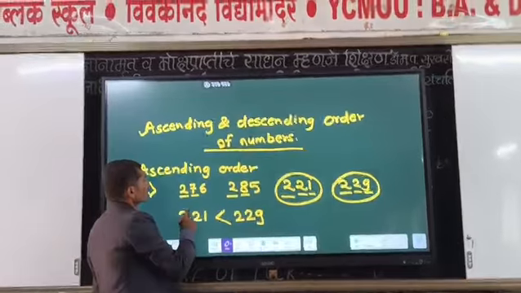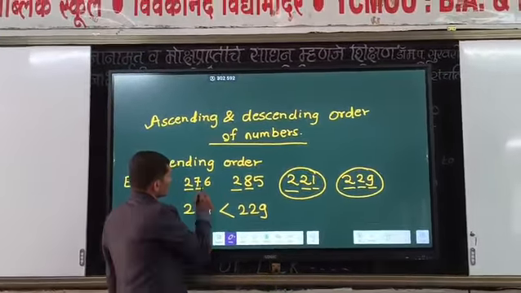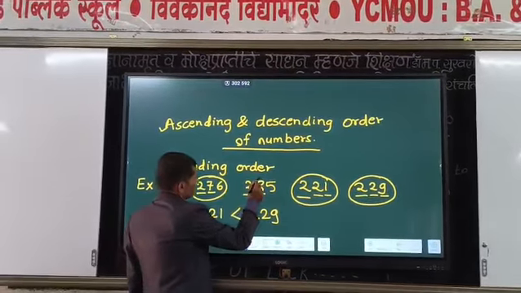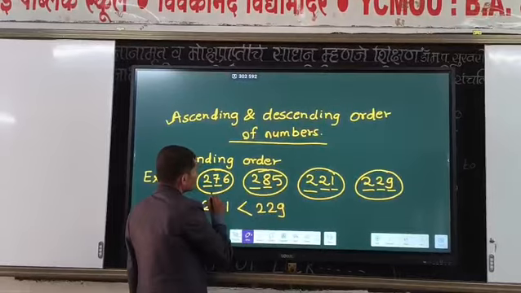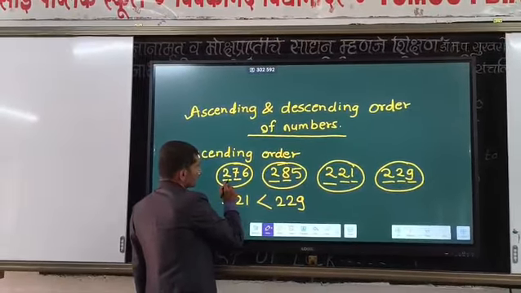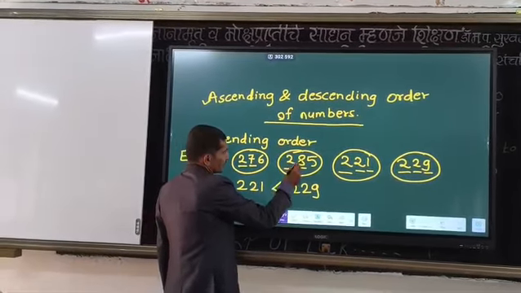So 7 is smaller than 8. That's why this number is smaller than this number. Okay, 7 is smaller than 8. That's why this number is smaller, this number is greater.